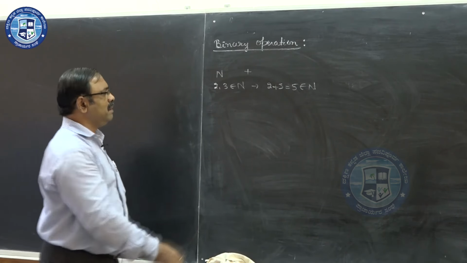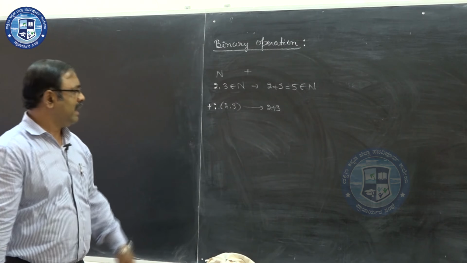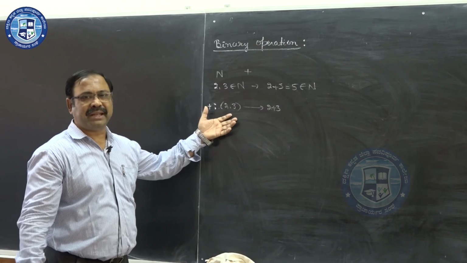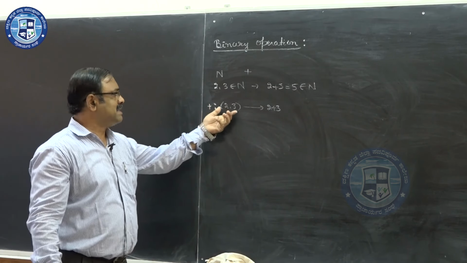See, 2, 3, plus is the operation. 2, 3, 2 plus 3. So it is actually a function associated from this set of ordered pair elements to this number. Therefore, it is 2, 3 to 2 plus 3. This is actually plus. See, this is actually belonging to N.